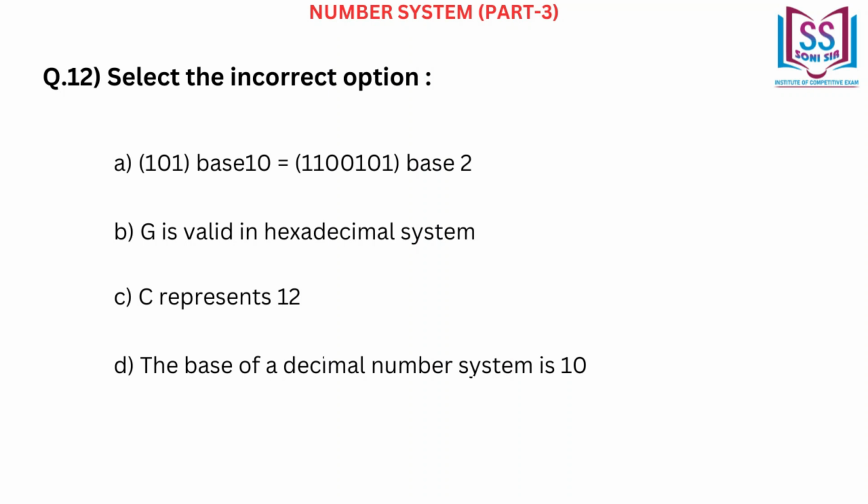A 101 base 10 equal to 11000101 base 2. B G is valid in hexadecimal system. C C represents 12. D the base of a decimal number system is 10. Correct answer B. G is valid in hexadecimal system.